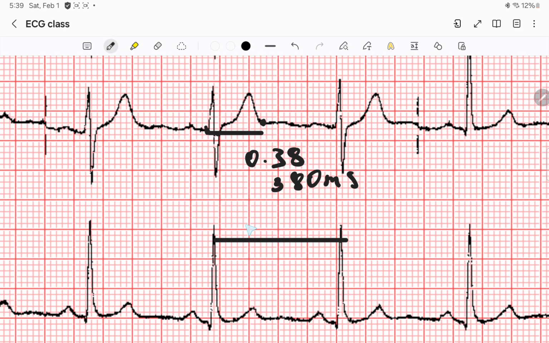From here to here is 0.2, 0.4, 0.6, 0.8, and then we're going to add a tiny box here, so that's 0.04, and another one here, 0.04. So I would say this is about 0.88. You can always slow it down if I'm going a little too fast.